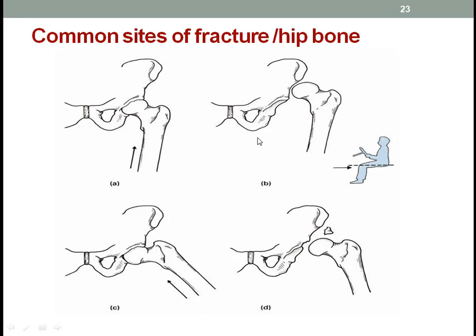It is also common to have different pelvic fractures. Commonly fractured are the superior ramus and inferior ramus. Also we have fractures of the iliac wings, and even the ischial and inferior ramus can be fractured.